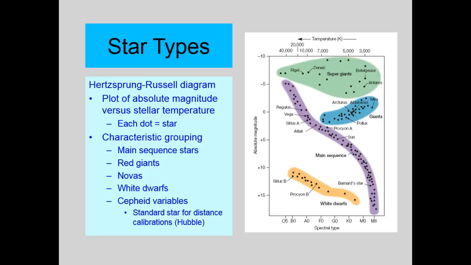There are other stars called variable stars. They're stars that change in brightness over a period of time. One of these is called the Cepheid. I don't know if that's the correct pronunciation of it. Variable star, slowly changing variable star that is used to measure distances. Okay.